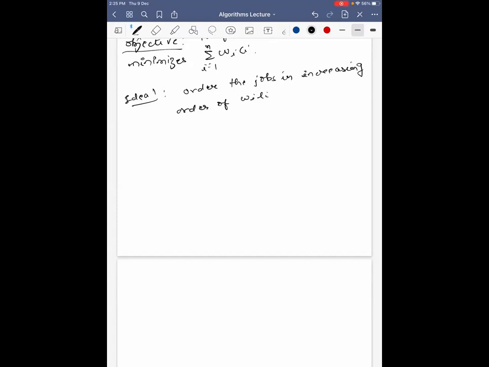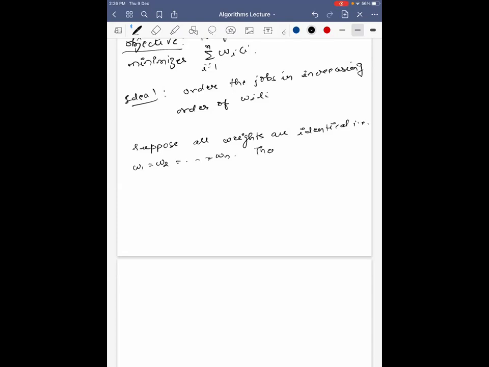Suppose all the weights are identical, that is, W1 equal to W2 all the way up to Wn. Now, given this, how would you like to order your jobs? Suppose I tell you that each job has the same weight. In this situation, how would you like to order your jobs?